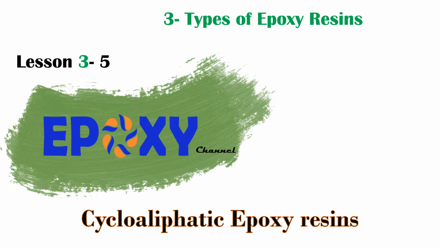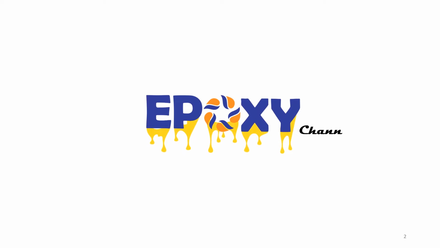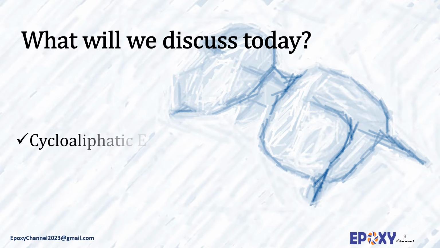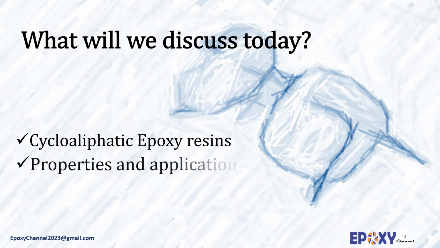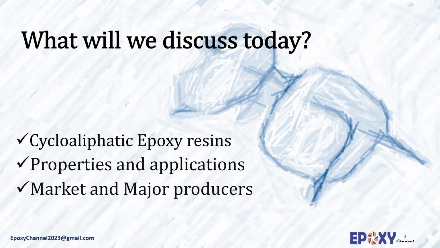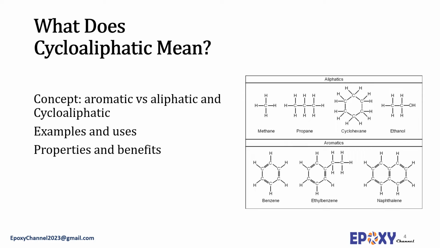Today, I'm going to present cycloaliphatic epoxy resins. In chemistry, chemical structure can be divided into two categories, aromatics and aliphatics.